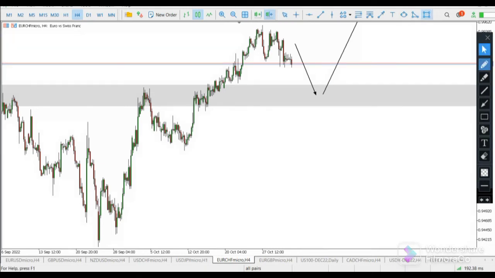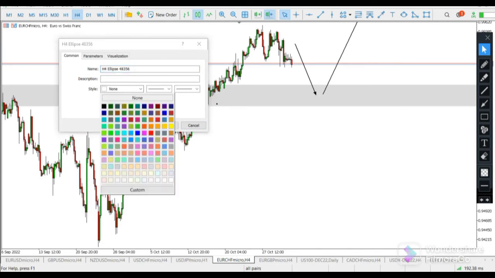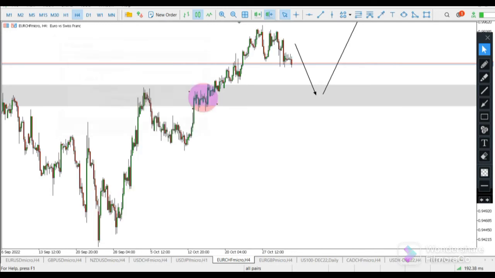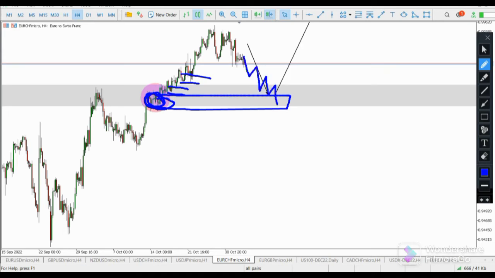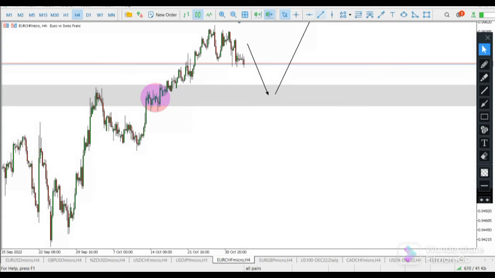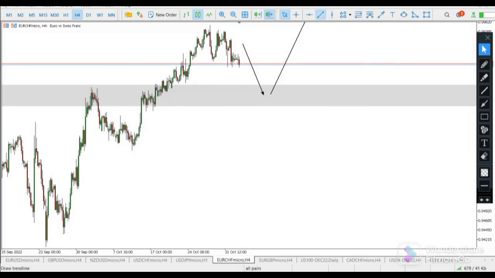Not only is that the case, but when you look around these areas around here, let me just use this color, you can clearly see that there is a demand zone below all of these structures where people will be looking to buy. At the lowest point, there is some kind of demand zone that the market will probably come to before pushing to the upside. So that's one of the areas that you want to pay attention to.